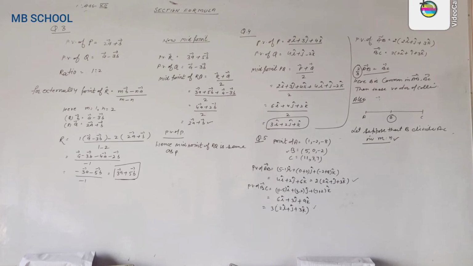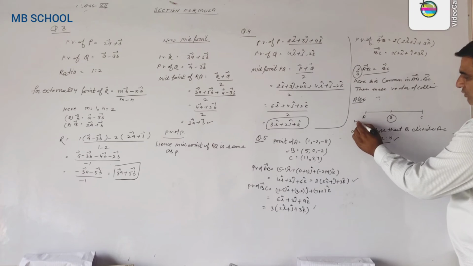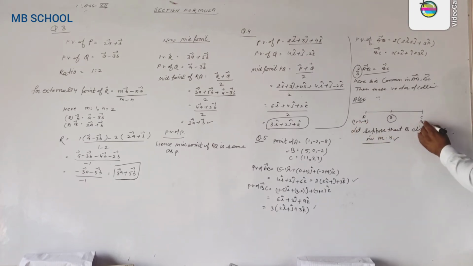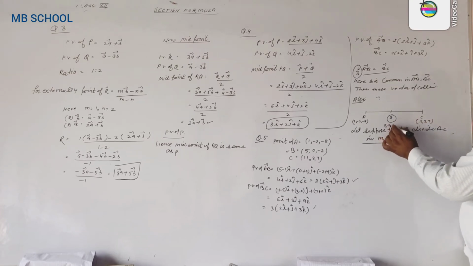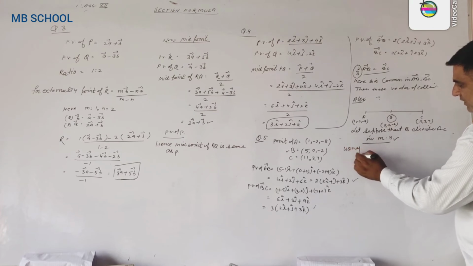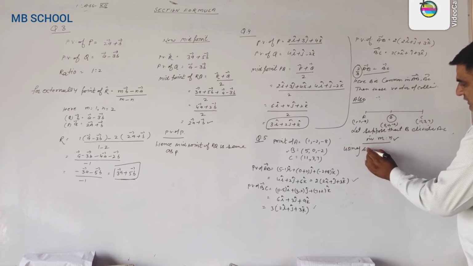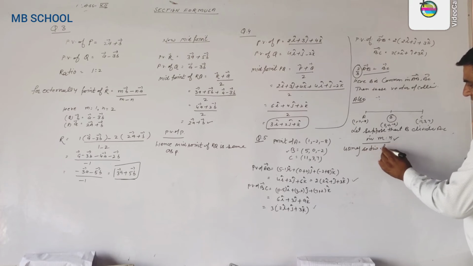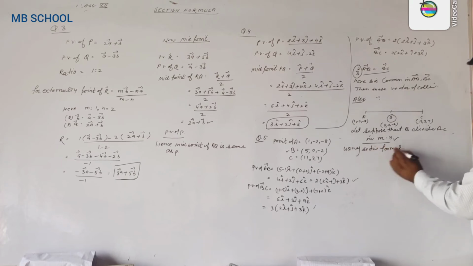If we find this ratio from all the i, j, k components and get the same, then B divides AC in the same ratio. Let us suppose these points are A (1, minus 2, minus 8), C (11, 3, 7), and B (5, 0, minus 2). Now using the section formula internally.